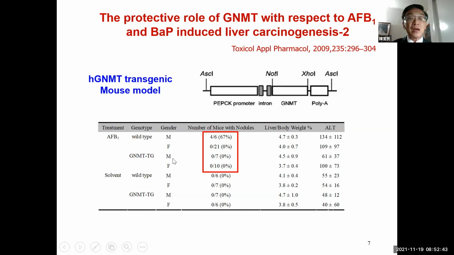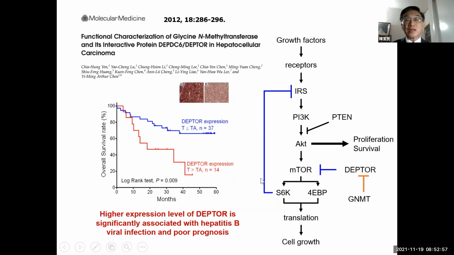As you can see here, compared to the wild type, 67% of the wild type mice generated liver tumors. All the GNMT transgenic mice do not have liver cancer. So GNMT has a protective role against carcinogen insults.